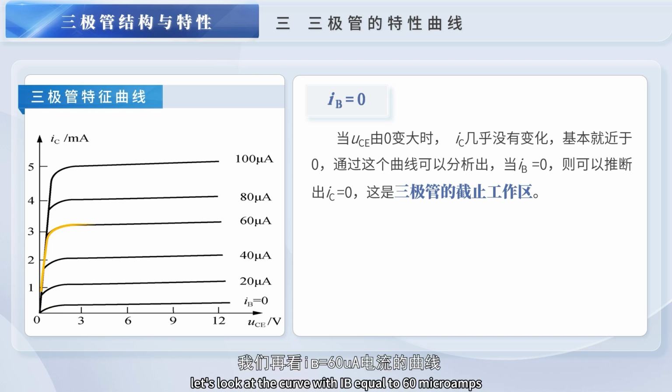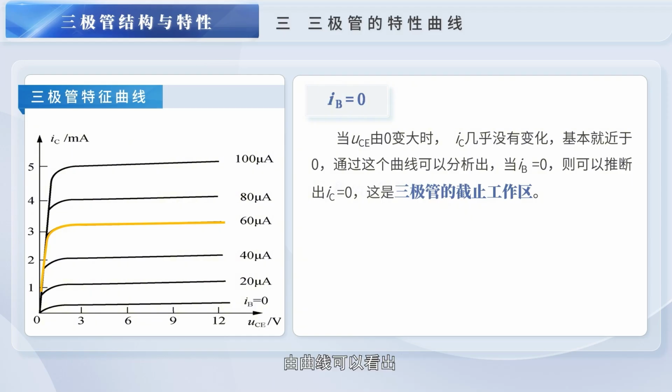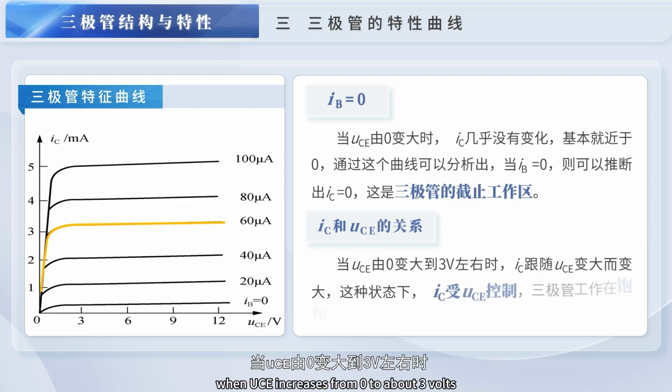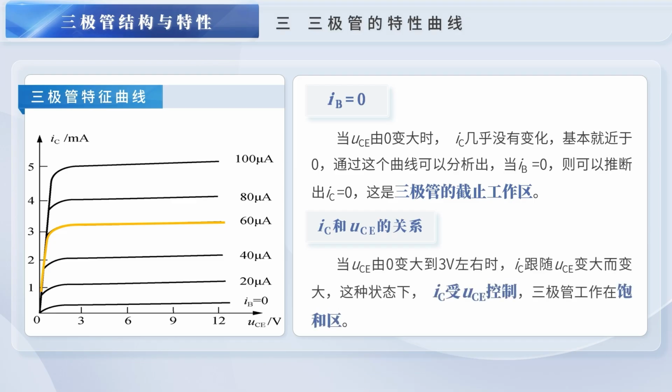Let's look at the curve with IB equal to 60 microamps. From the curve, we can see the relationship between IC and UCE. When UCE increases from 0 to about 3 volts, IC increases with UCE. In this state, IC is controlled by UCE. The triode is in the saturation region.